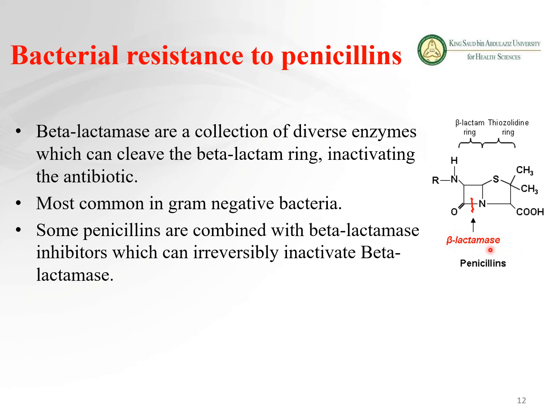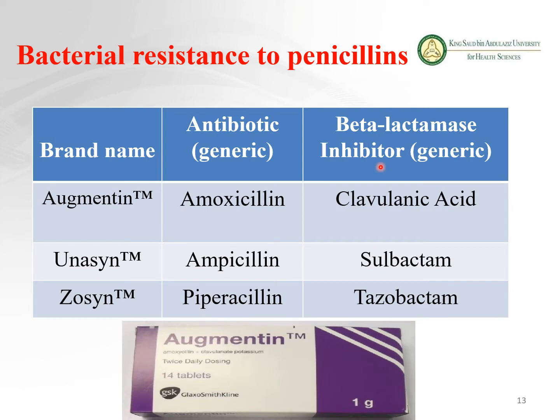So you are inactivating these beta-lactamases, and then penicillin can be effective in those bacteria which produce this beta-lactamase enzyme. So these are the examples where the penicillins are combined with beta-lactamase inhibitors, and they are very much effective.